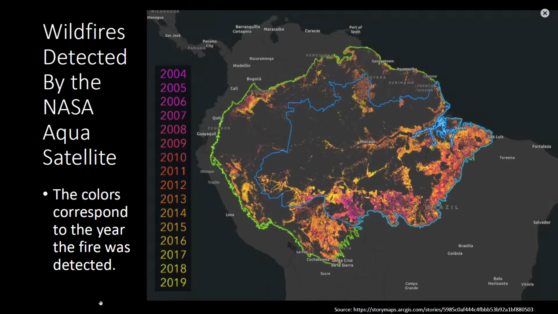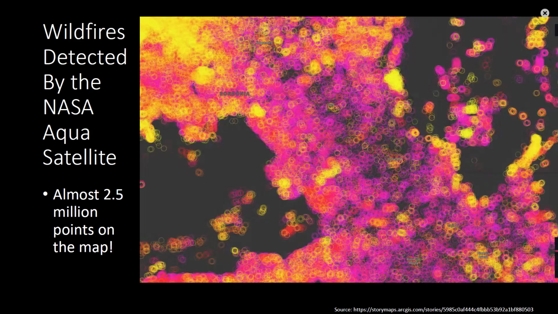This is the amount of wildfires based on the year that they were detected. And so the pinker colors is 2004, and then it gets to more yellow in 2019. So you can see there's quite the spread of more and more fire detected. If we use the Aqua satellite, this is how you would see 2.5 million points on the map, right?